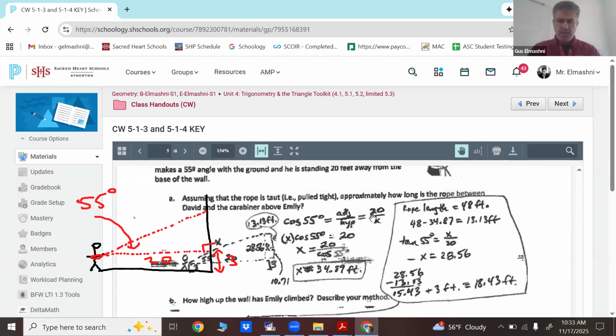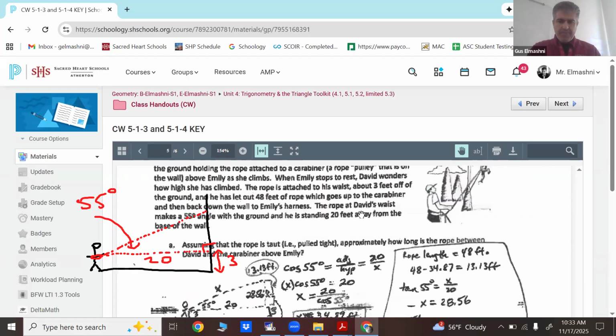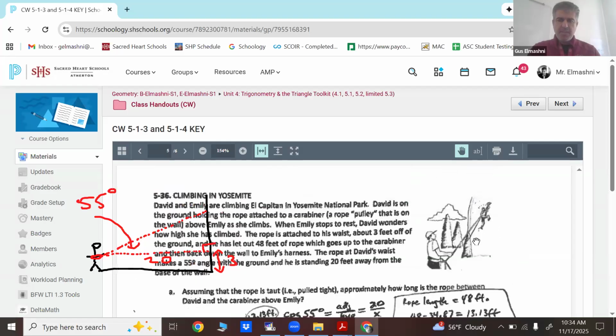Okay, I got it. Here's the diagram. It's a little funky.